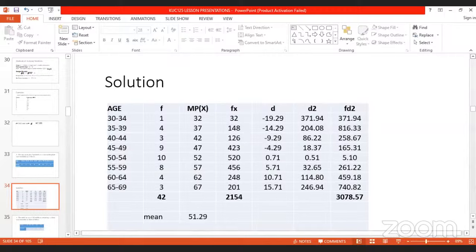Look at that set of data of mine. Look at that. The mean is 51.29.